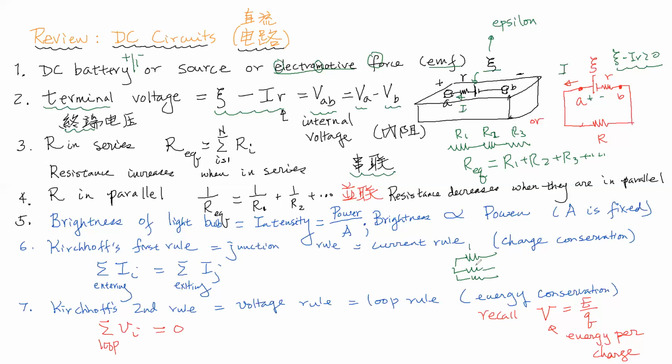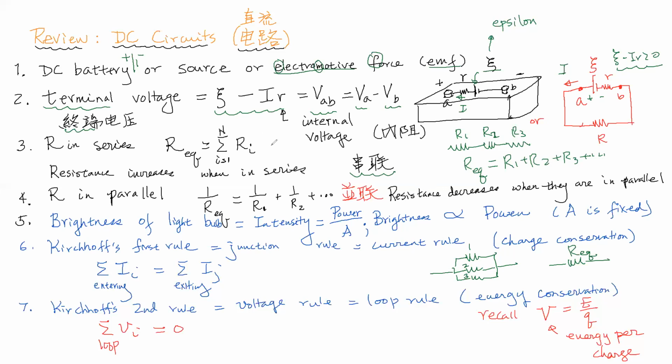So that's 1, 2, 3, R1, R2, R3. Then 1 over R equivalent is equal to the sum of 1 over R1 plus 1 over R2 plus 1 over R3, right? So that is series and parallel.